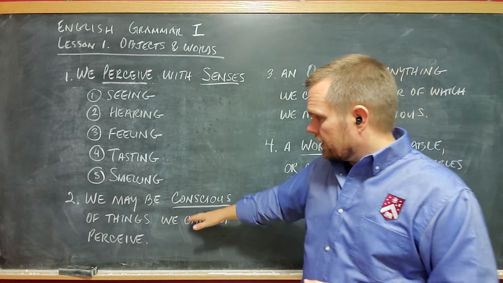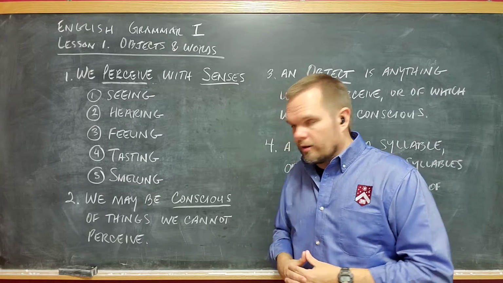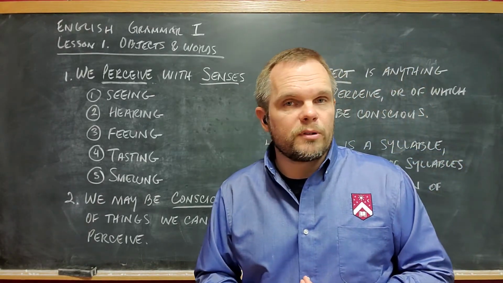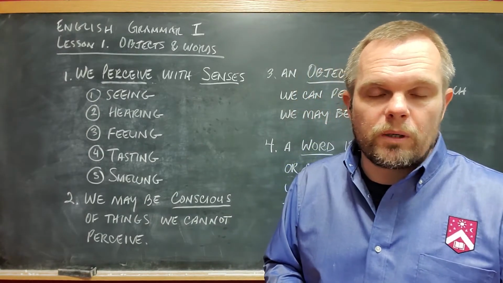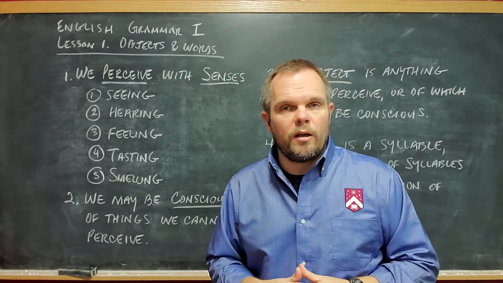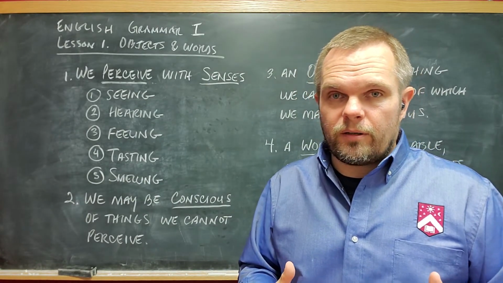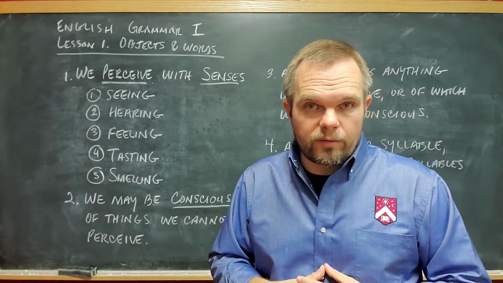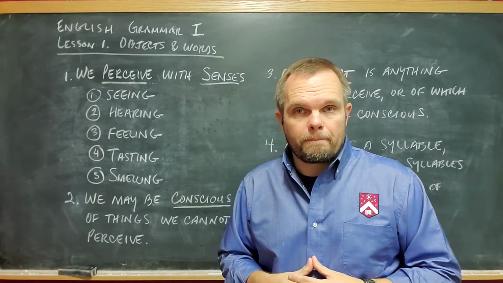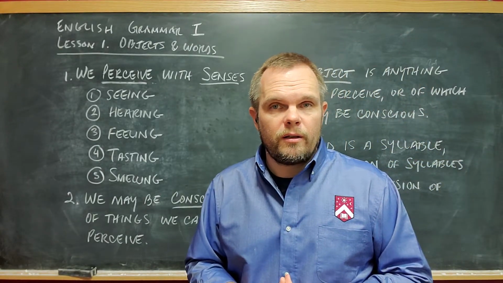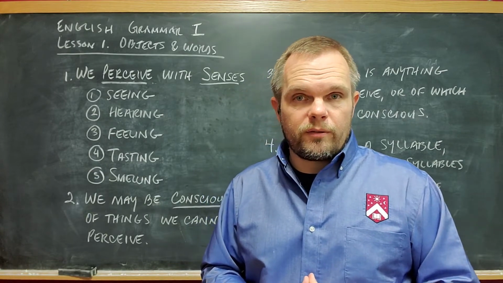Now, let's look at the next word here. What are some things that we cannot perceive, but we may be conscious of? Can you think of any things that we may be conscious of, but we cannot perceive?